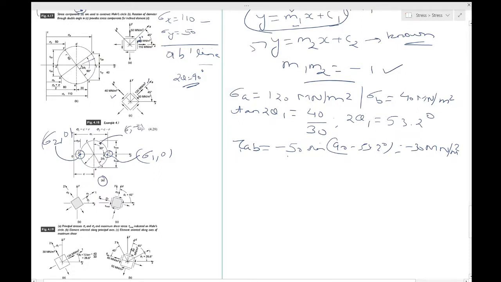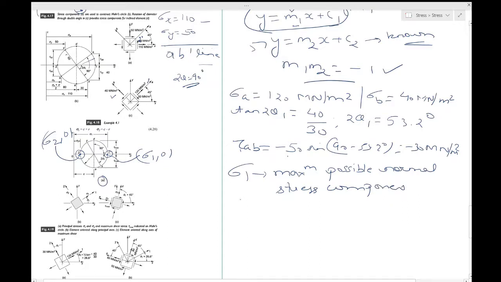So for 1 and 2 you have sigma 1 and sigma 2, which are normal stresses, and shear stress is zero. Sigma 1, if you note, is the maximum possible normal stress component.